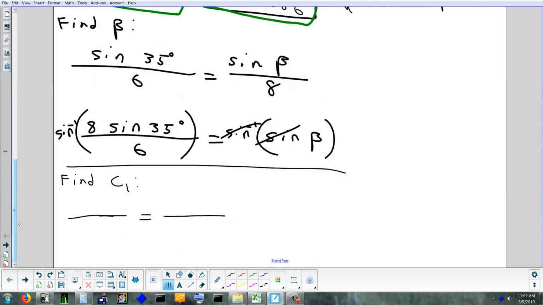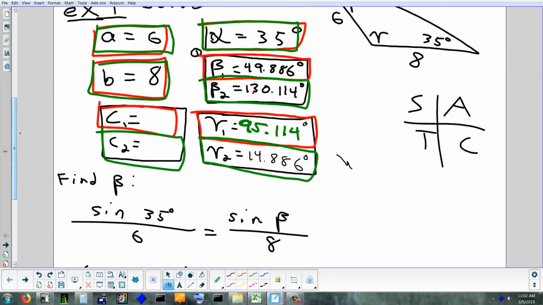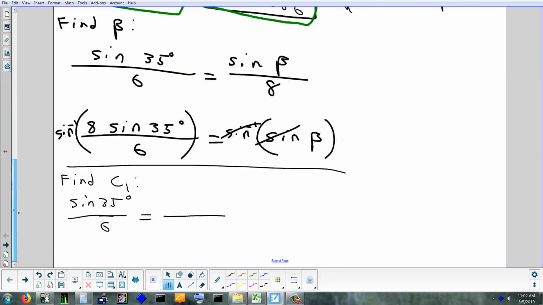Sine 35 over 6 equals, and now if you want to find C1, you use gamma 1. If you want to find C2, you use gamma 2. So let's do sine 95.114 over C1.